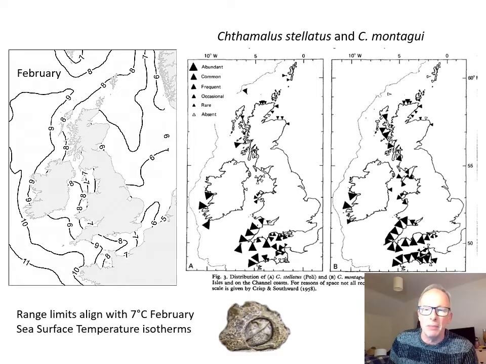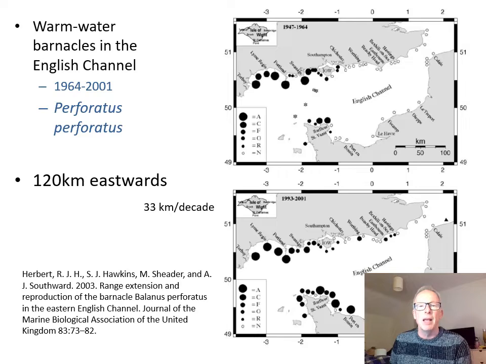Here are those barnacles I keep talking about, and roughly the range limits align with the 7-degree February sea surface temperature isotherm. So as those isotherms change, we would expect the distribution limits of these two species to also change if temperature was indeed limiting their distribution. And there's some evidence for that happening.